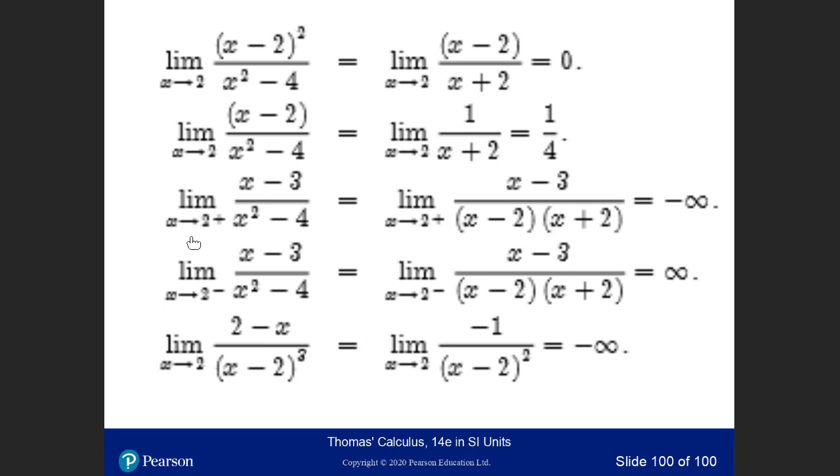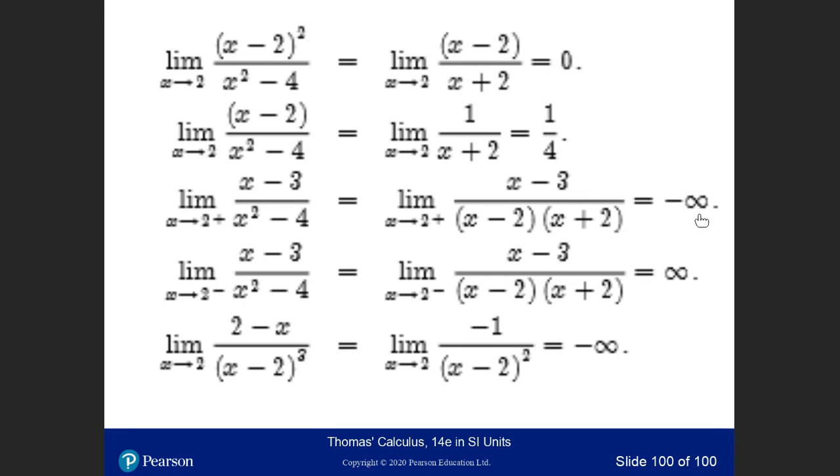If x goes to 2 from the right-hand side here, now I can factorize this as x minus 2, x plus 2, and this is x minus 3. So as x goes to 2 from the right-hand side, this is positive, but this is negative. So the limit is minus infinity.